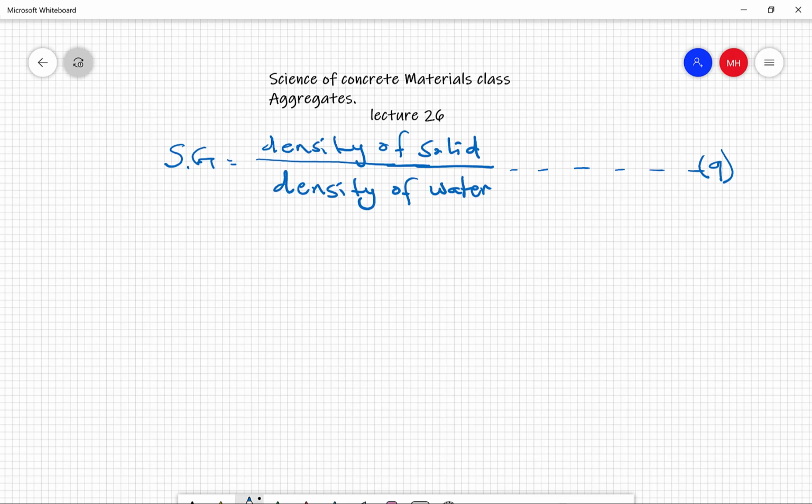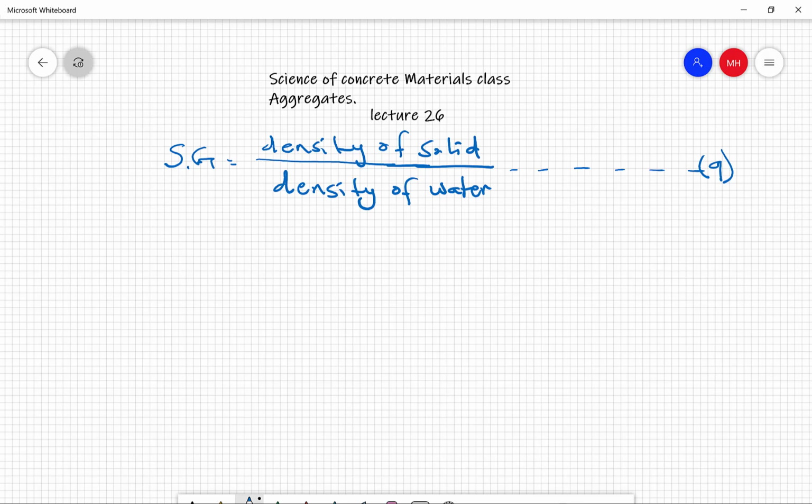As we said also, since densities are determined by displacement in water, specific gravities are naturally and easily calculated and can be used with any system of units. Now, it must be remembered that aggregates contain some porosity, and that the specific gravity value depends on whether the pores are included in the measurement or not.